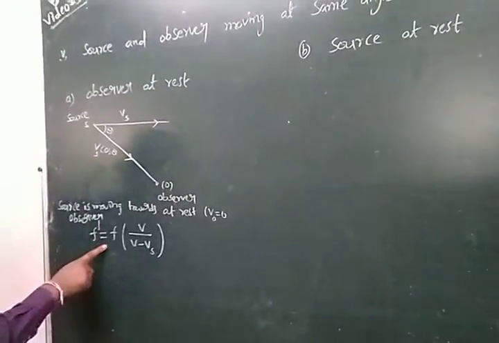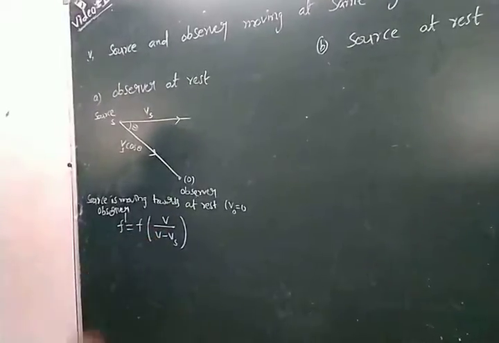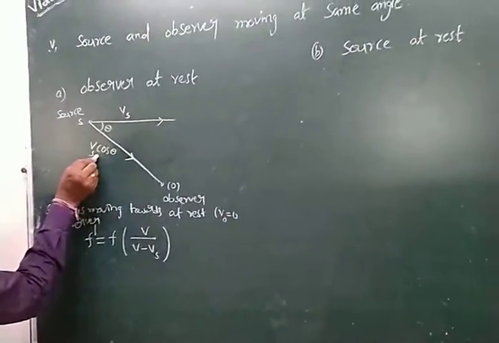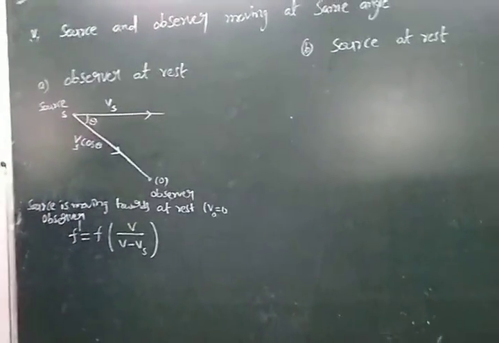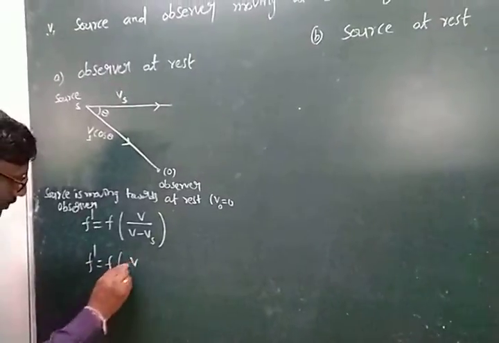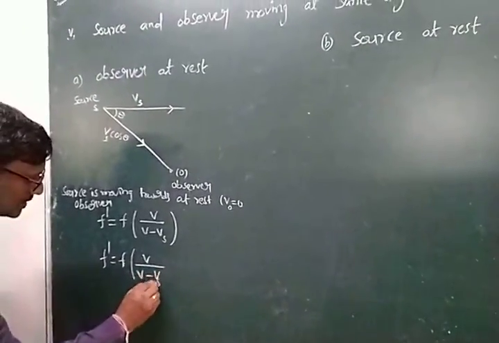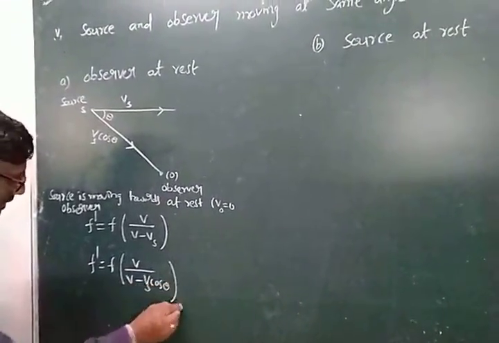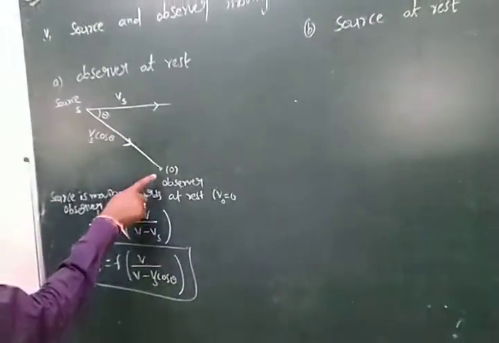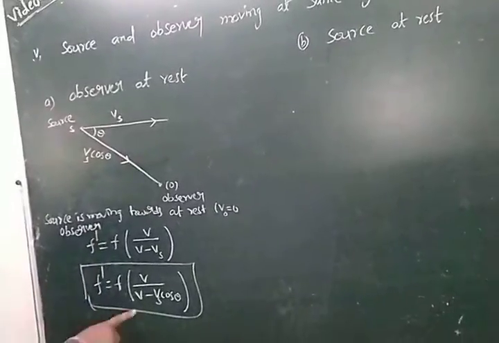F dash is equal to F into V by V minus Vs. But here the component of Vs is Vs cos theta. We can substitute: F dash is equal to F into V by V minus Vs cos theta. This is the formula when the observer is at rest and the source is moving at an angle.